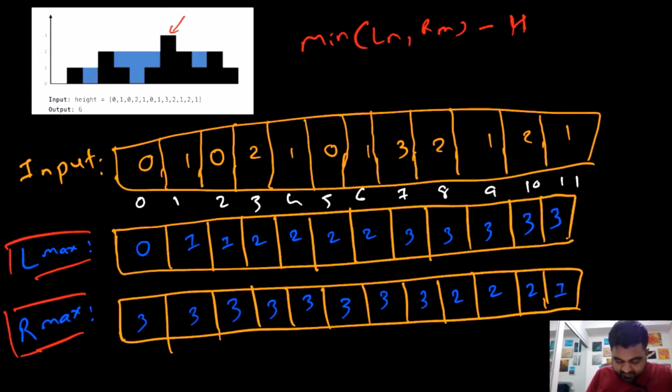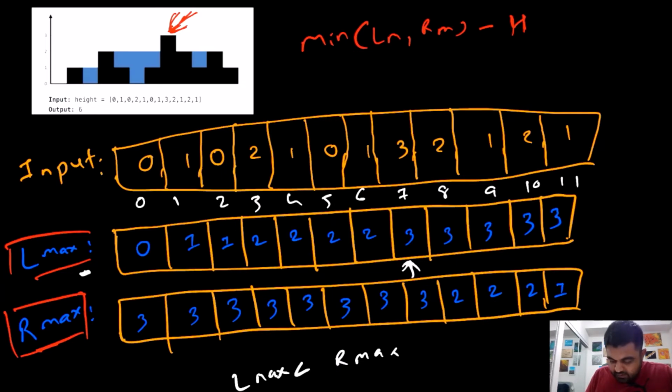Now if we notice these two values, left max and right max, we are finding something pretty interesting. The tallest part that we have divides the given input into two parts. If we observe the left max portion, the left max is always less than the right max up until this point, number 7.